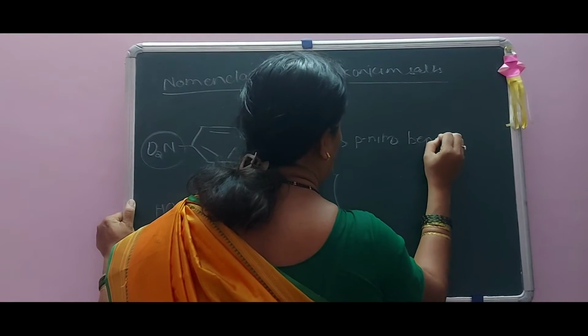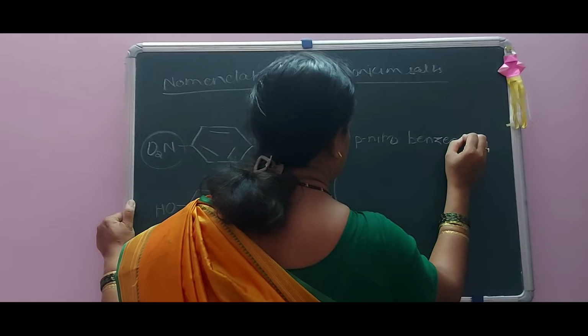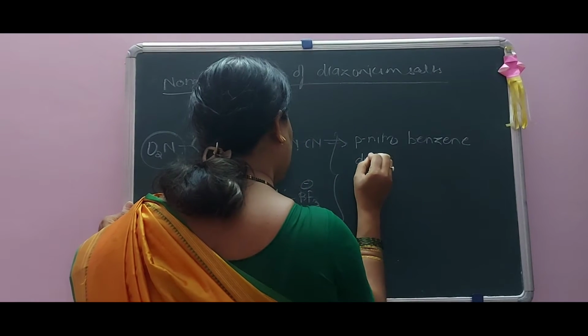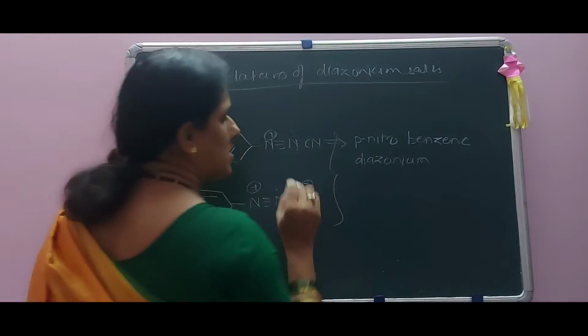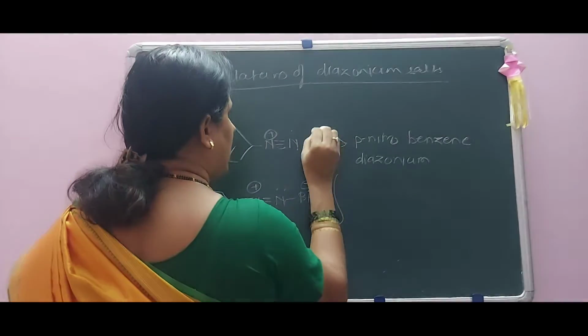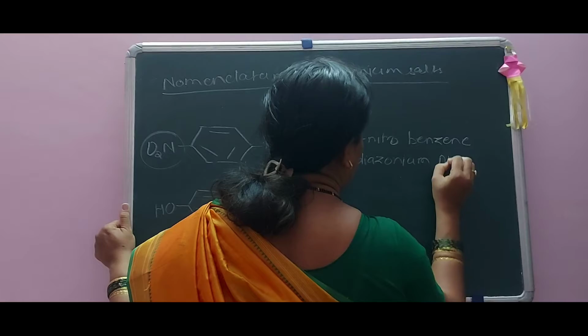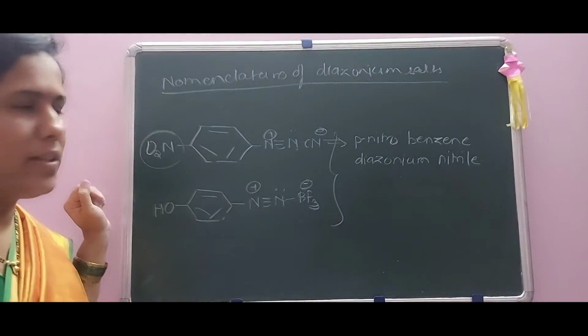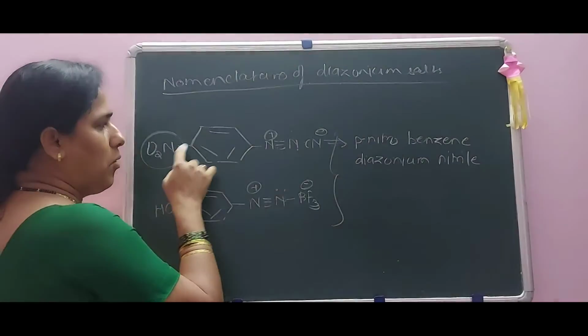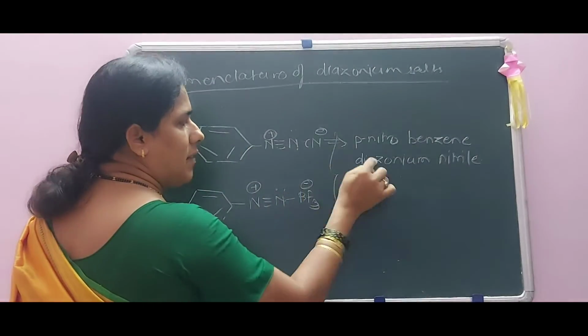Para nitro benzene diazonium. Which group is situated last as the negative part? That is cyanide or nitrite. You can use any of them. Para nitro benzene diazonium nitrite.